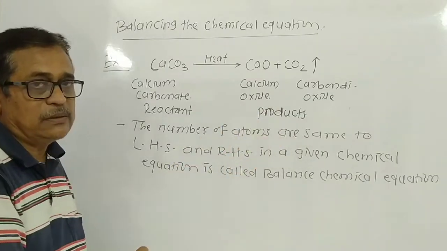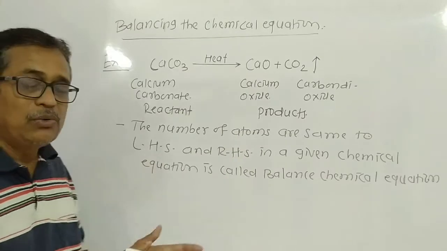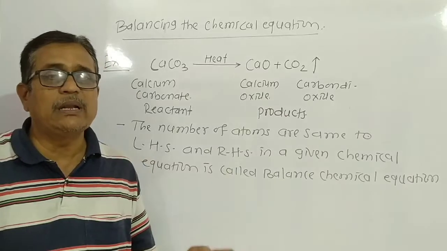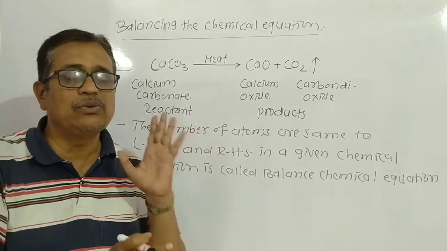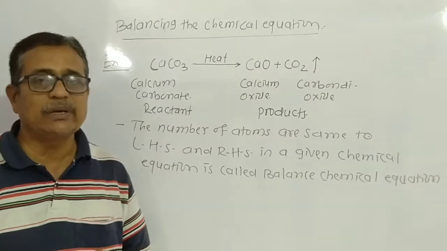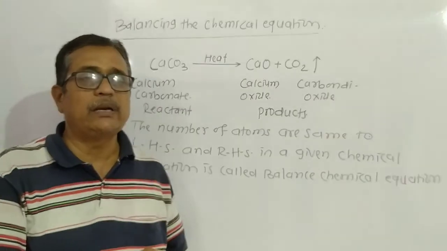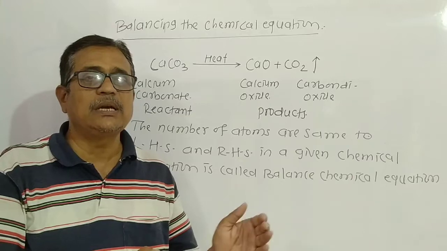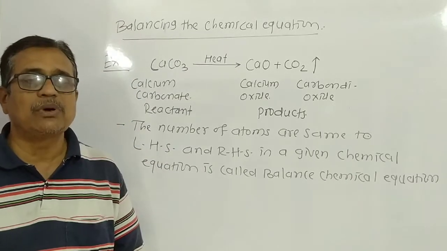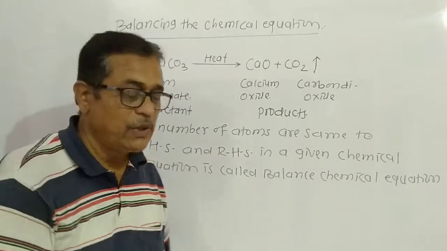It means not only the total number of atoms must be balanced, but individual balancing of each atom is also necessary. Then that equation is called a balanced chemical equation, when the number of atoms are the same on the LHS and RHS in a given chemical equation.